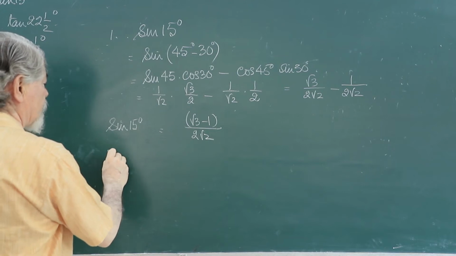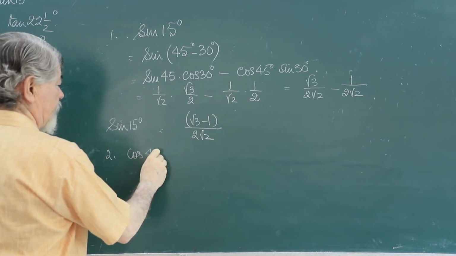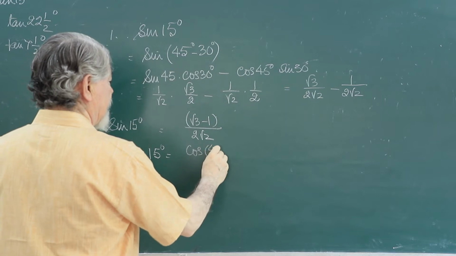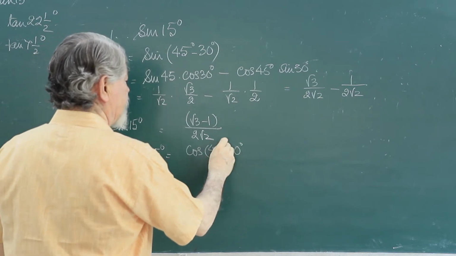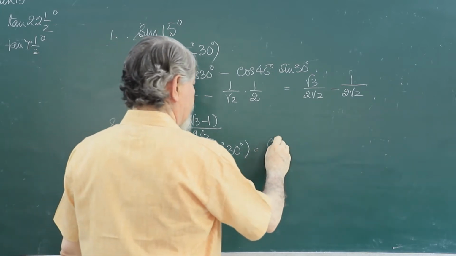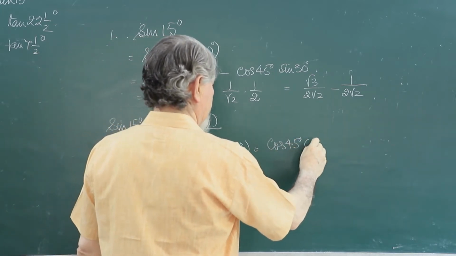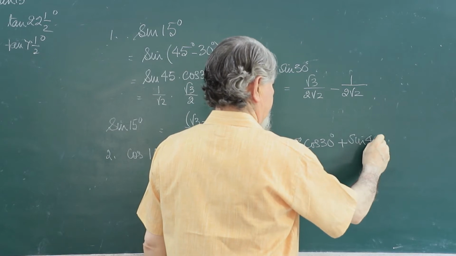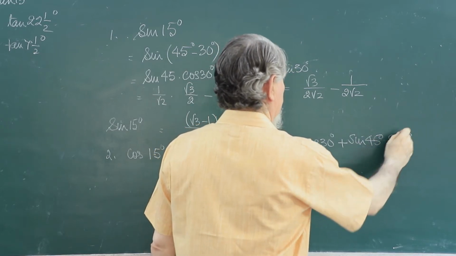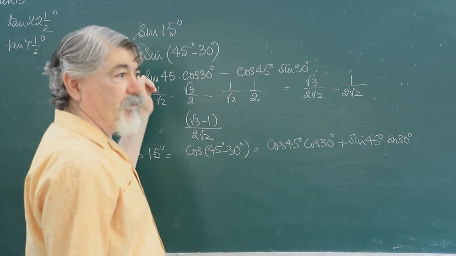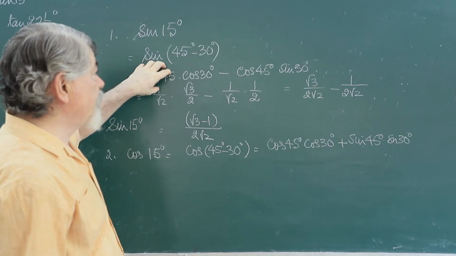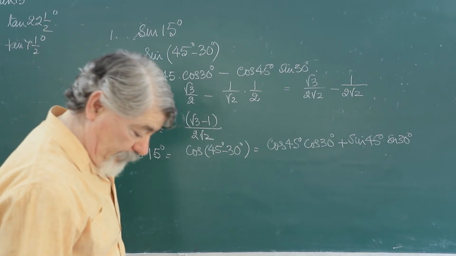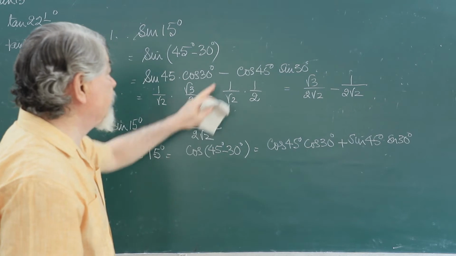Similarly, if I want to calculate cos 15, then it will be again cos 45 minus 30, and we will be using cos A minus B, that is cos A cos B plus sin A sin B. In sin A minus B or sin A plus B, we told you always the combination will be sin cos, cos sin, and whatever is the sign in between will be the sign in between here too.